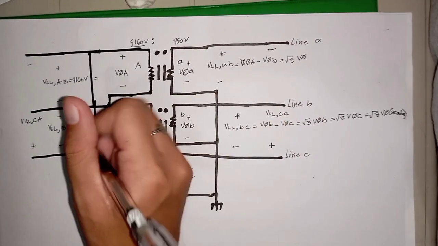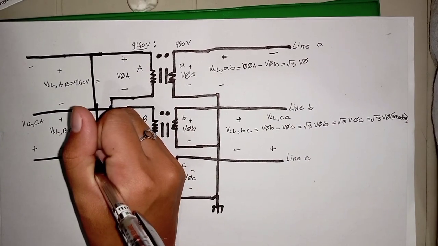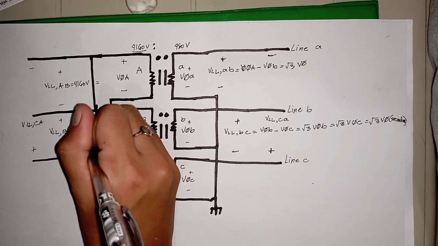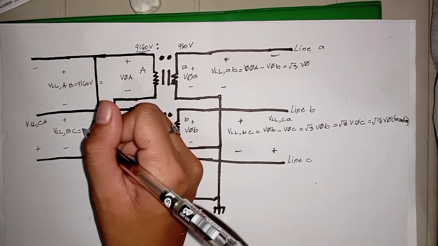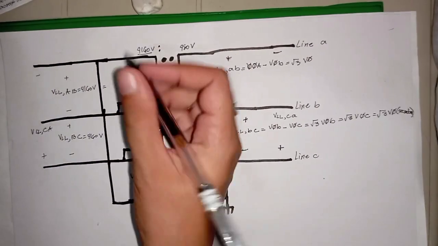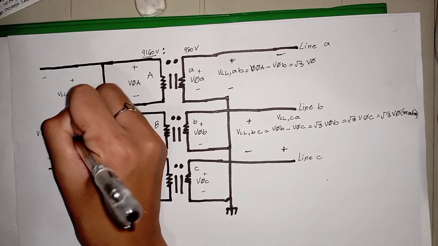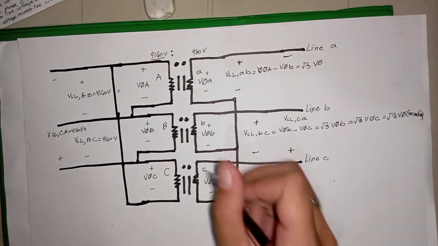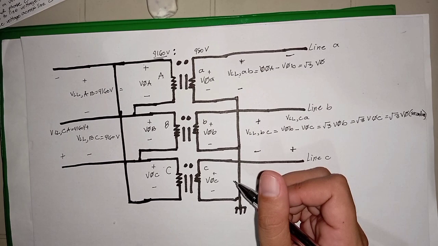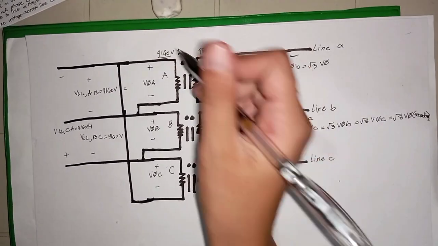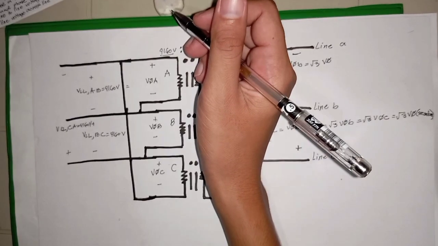Similarly, the voltage across line B and line C is equal to 4160 volts. And also the line-to-line voltage across line C and line A should equal 4160 volts. Both phase B and C should also equal 4160.